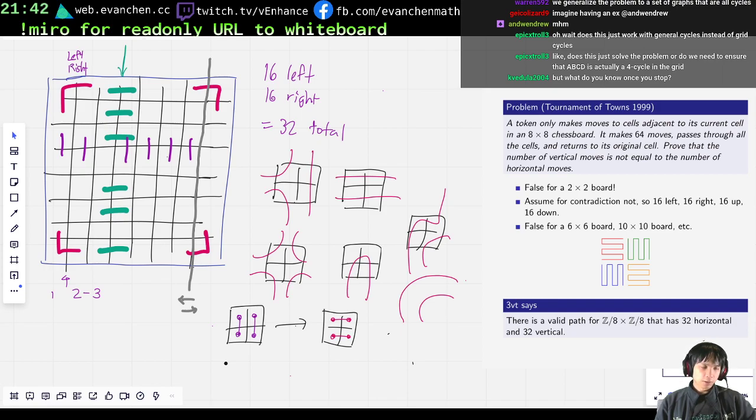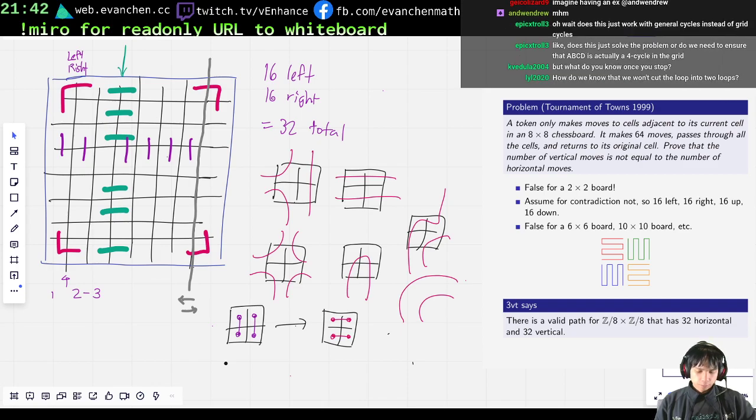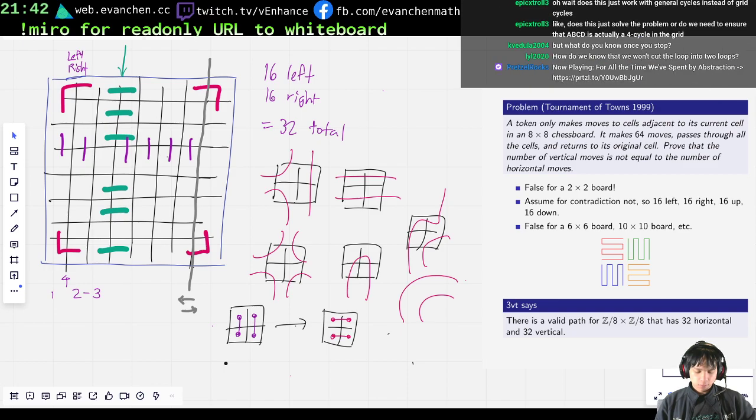Well, if you're stuck, then it tells you a lot, I think. Maybe I can just do that with corners. What do you think? How do we know that we won't cut the loop into 2 loops? We do cut the loop into 2 loops. That's the point.